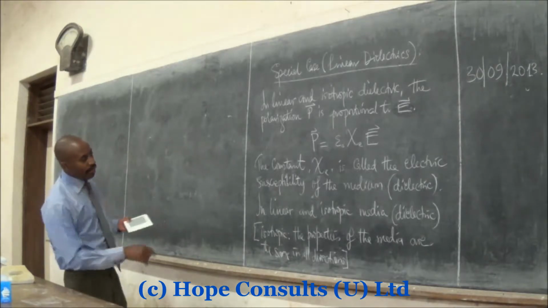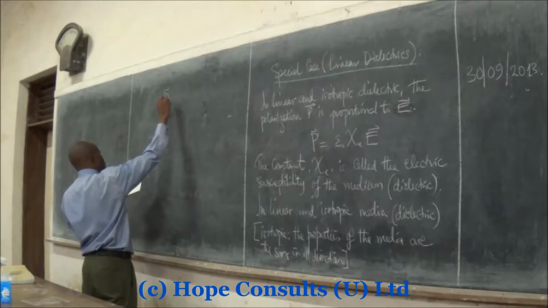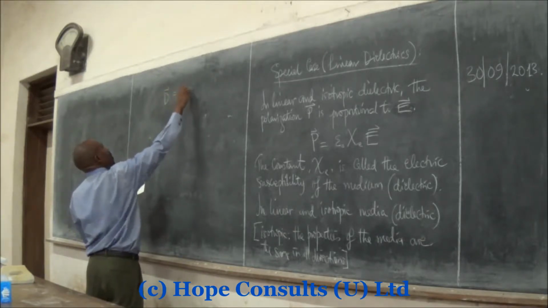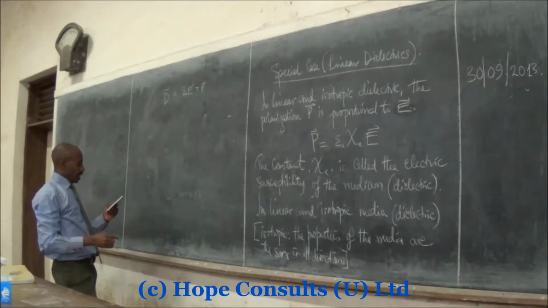So then we say that the electric displacement vector D is equal to epsilon naught E plus the polarization.